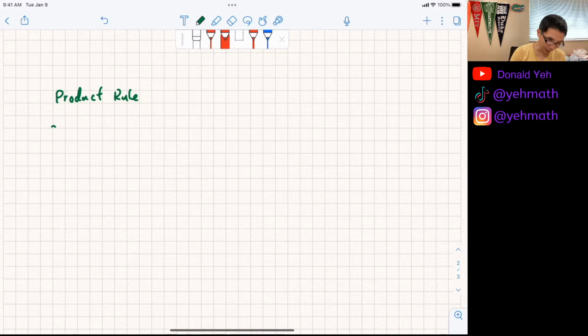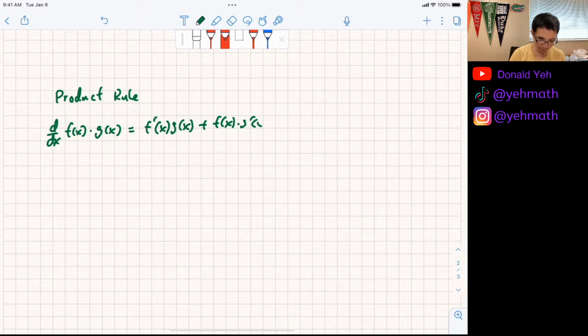So let's say if I take a derivative of two functions multiplied by each other, f of x times g of x, it is equal to f prime of x times g of x plus f of x times g prime of x.